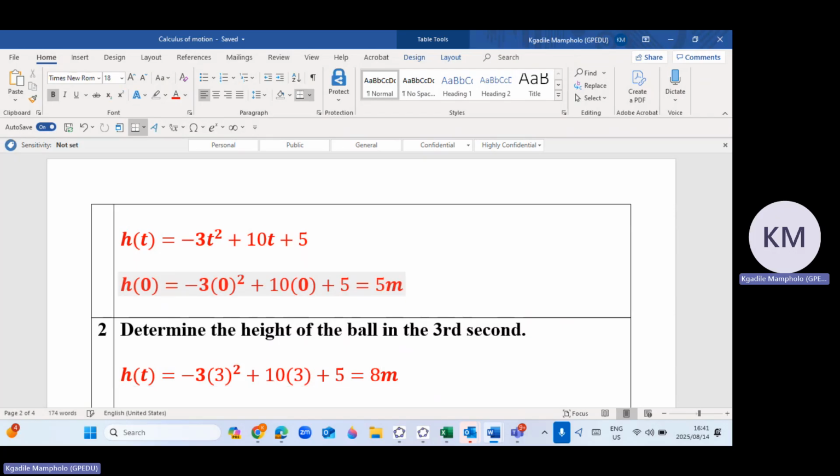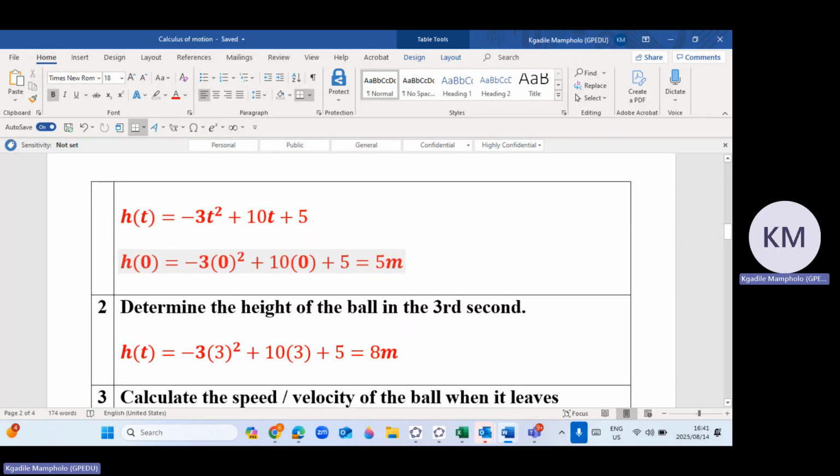It means in the 3rd second the ball was at the height of 8 meters. Remember, it was thrown from the edge of the cliff. It means in number 1, we determined that the cliff is 5 meters high.